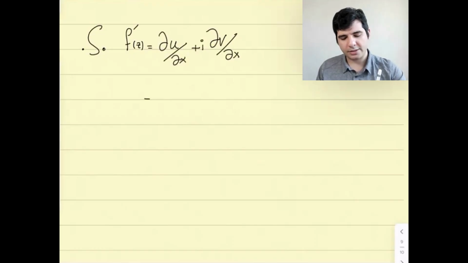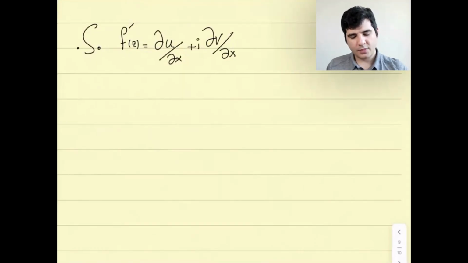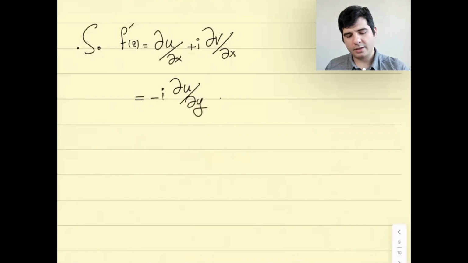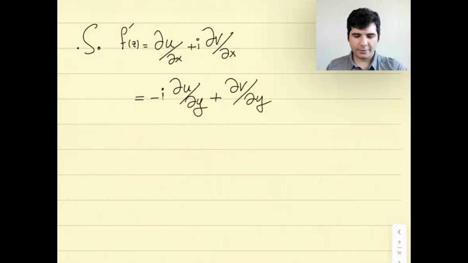That's one way to write this down. And the second way is minus i partial derivative of u with respect to y plus partial derivative of v with respect to y. Okay, great.